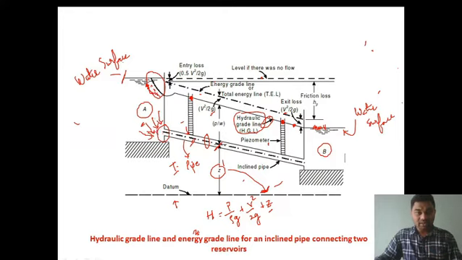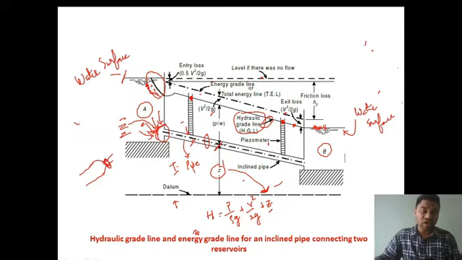Why does this entrance loss happen? When the water from reservoir A forcefully tries to enter the pipe, there is some entrance loss. We studied minor losses in earlier classes, entrance losses and exit losses, due to sudden contraction, which happens when the liquid enters from a larger diameter pipe to a smaller diameter pipe.